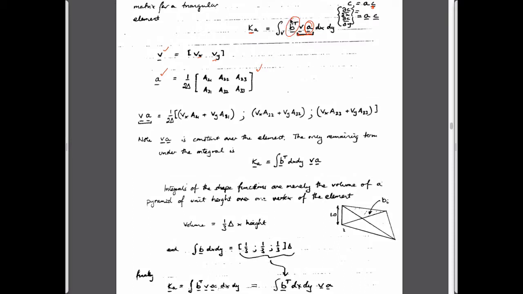And there is a kind of problem, but really it's not much of a problem. The problem is that we've never defined what the shape functions were for the triangular element before. But what we did do was talk about what the individual components of these matrices would be, and we can note that the components of this matrix are all constants, so they don't vary with location in the element.